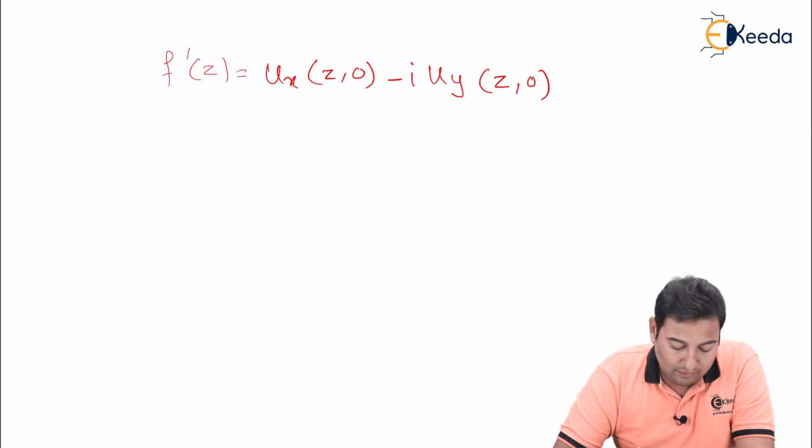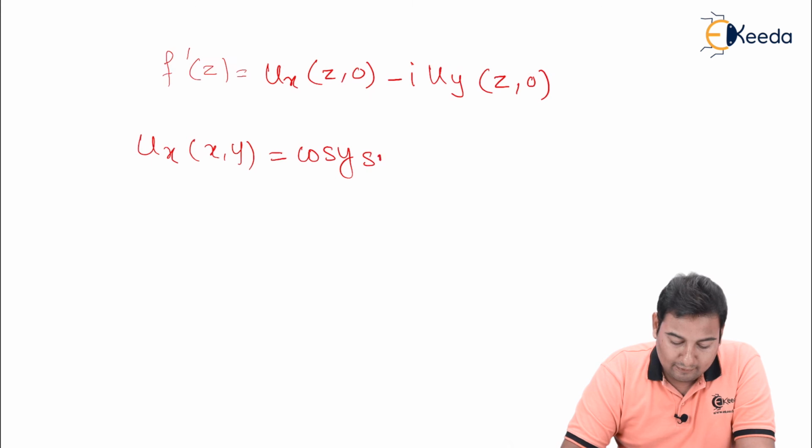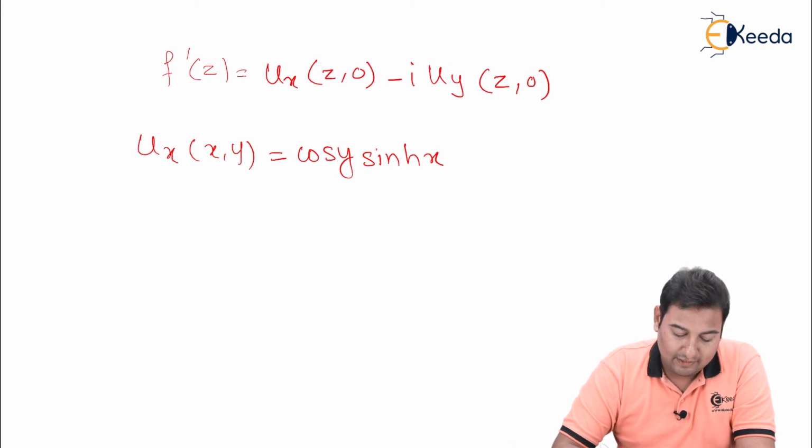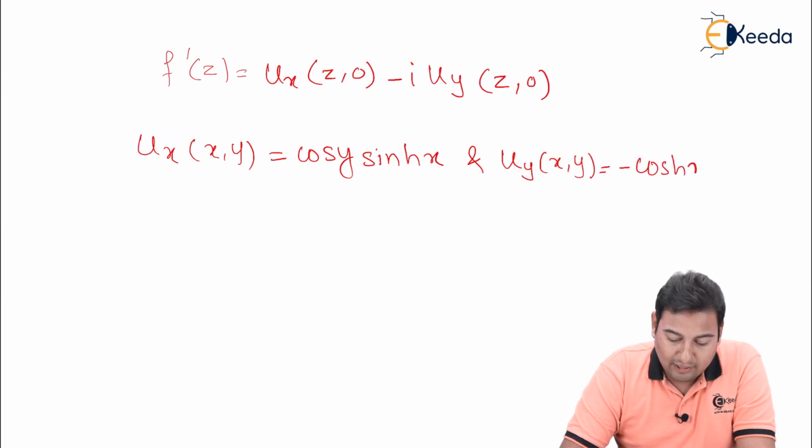First, ux of x comma y is cos y sin hx, and uy of x comma y is minus cos hx sin y.